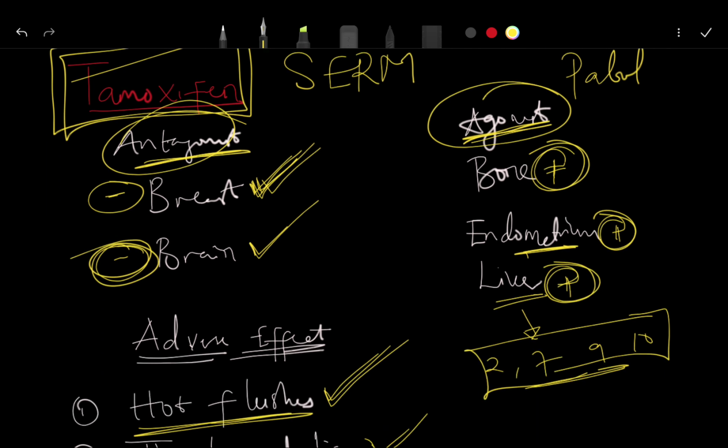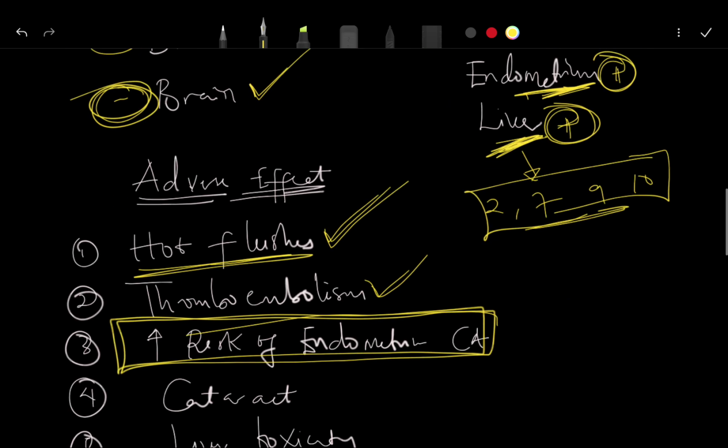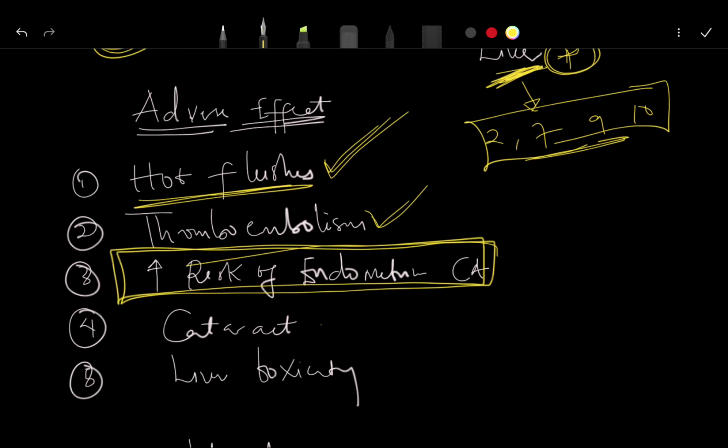So meaning the bone density will be in check. If you stimulate the endometrium, the risk of cancer is there. The risk of endometrial cancer is there. If you stimulate the liver, again, the risk of thromboembolism is there. So again, those are the adverse effects of tamoxifen, together with cataract alongside liver toxicity.